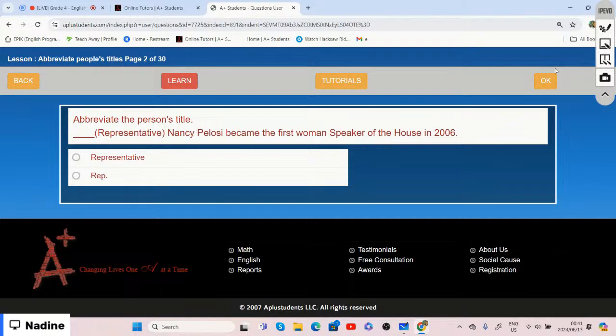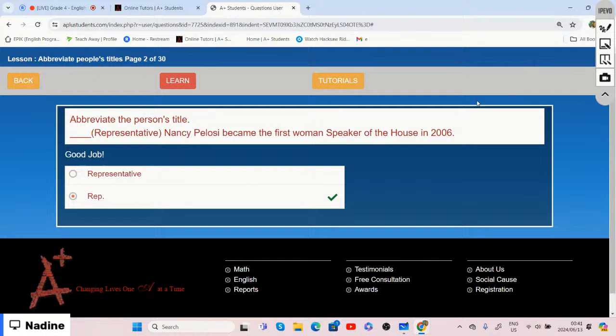Remember, it needs to be capitalized when you abbreviate the word. Yes, lovely. So it needs to be a capital R. Yes, like rep, capital R. Right? So we can say Representative Nancy Pelosi, so Rep. Nancy Pelosi. And rep is short for representative. So well done.